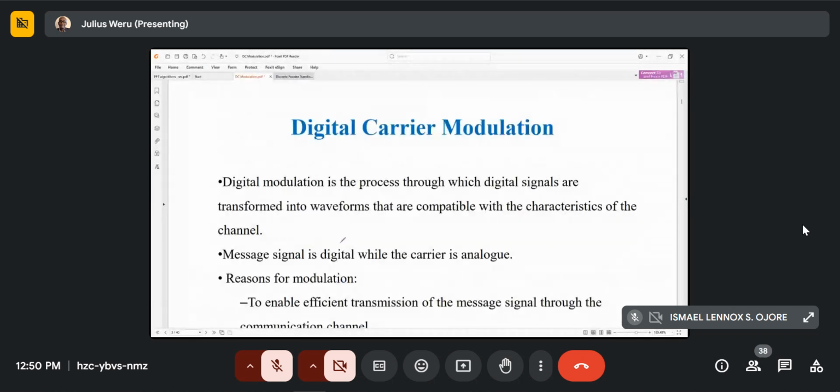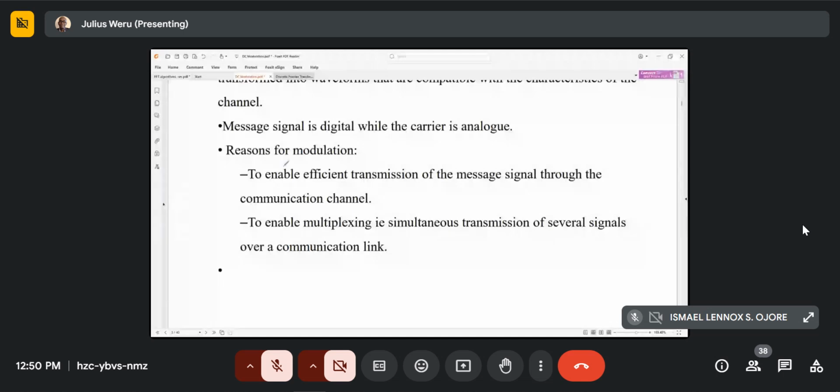I think we are aware of why you modulate. One is, of course, efficient transmission of the message signal. Since you are transmitting wirelessly, the antenna comes in, and the size of the antenna is related directly to the wavelength.